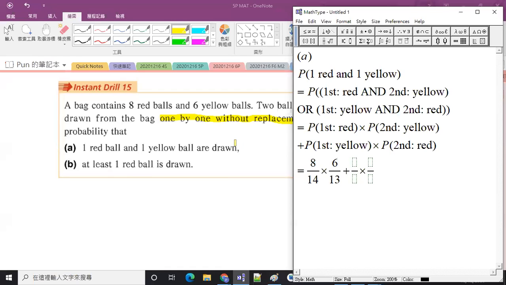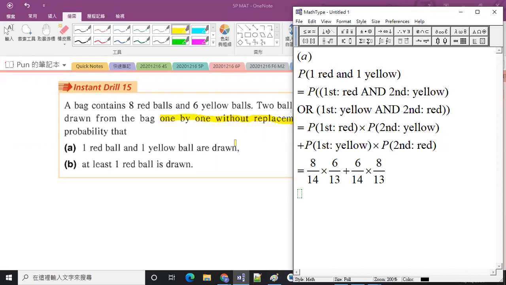And then for the second case, in the first selection, we have 14 options, and out of the 14 options, there are 6 yellow balls. When we do the second selection, we have 13 options remaining, and out of the 13, there are 8 red balls.